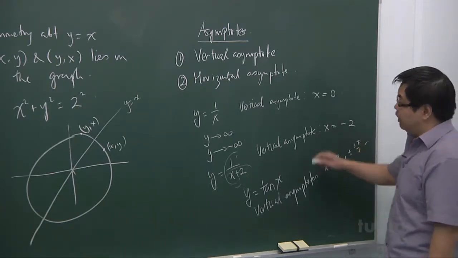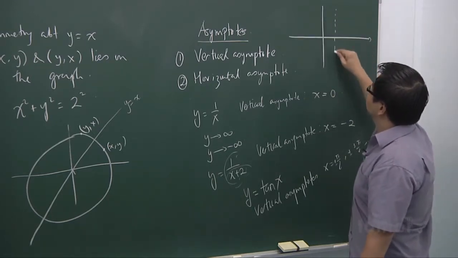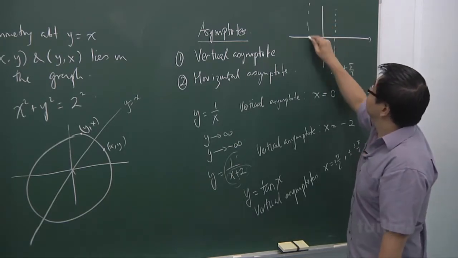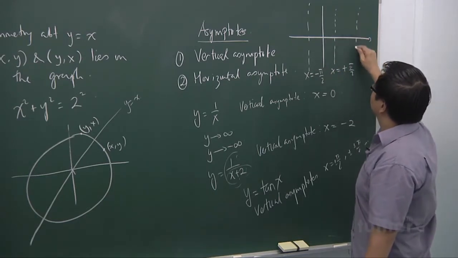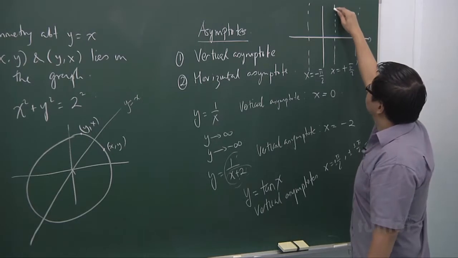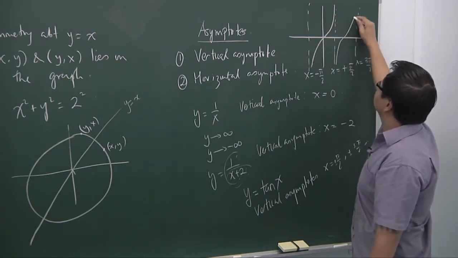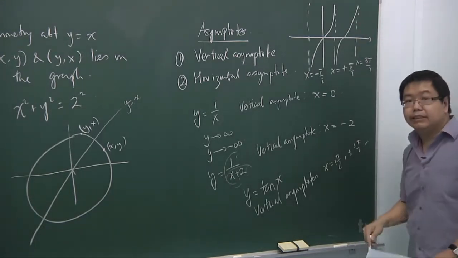If you look at a graph of tangent x, it looks something like that. So yeah, something like this. Okay, so the vertical asymptotes are all these vertical lines here.